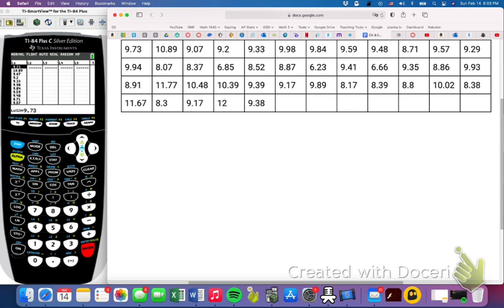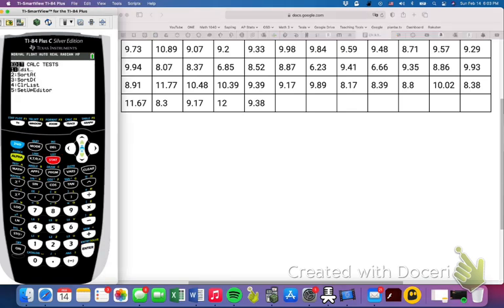So I go to Stat, then Calc, and do 1-Var Stats. My list is list 1. I do not have a frequency list, and voila. You see that x bar is 9.27, rounded to 2 decimal places. And the Sx right here is the sample standard deviation.